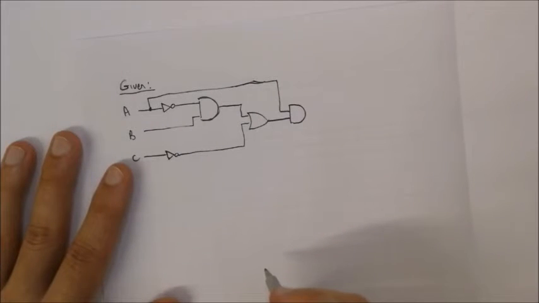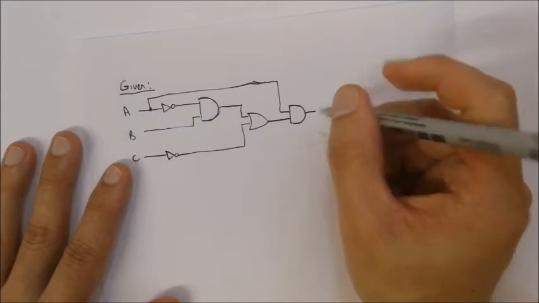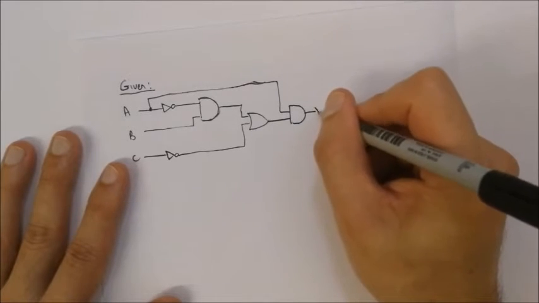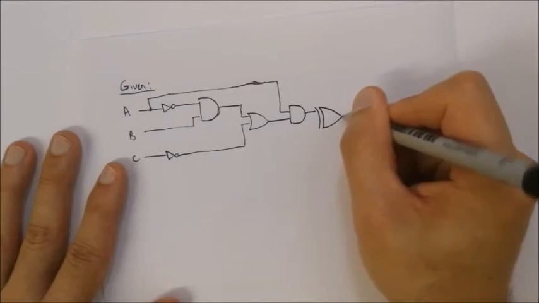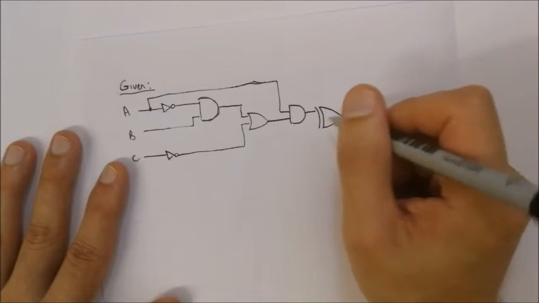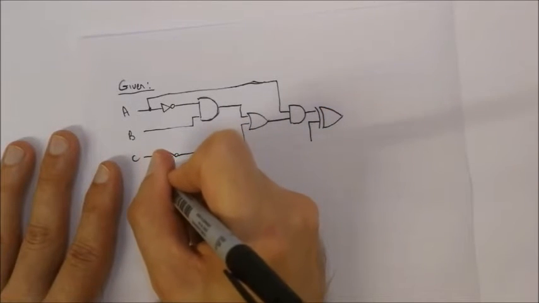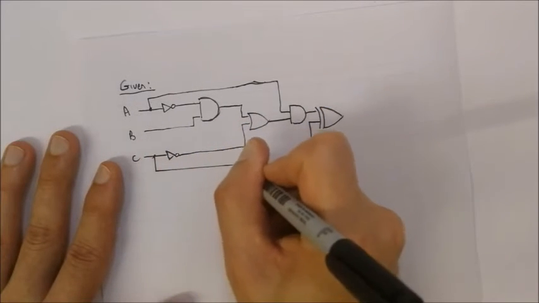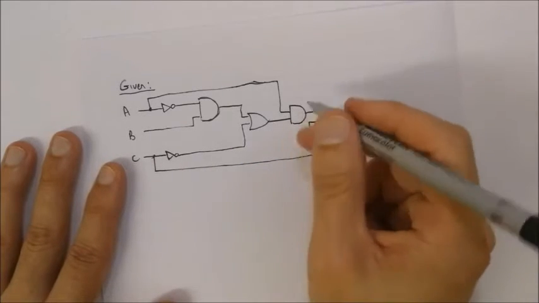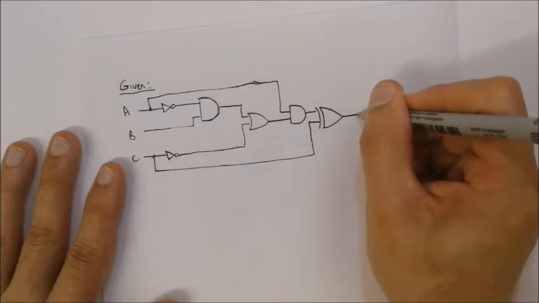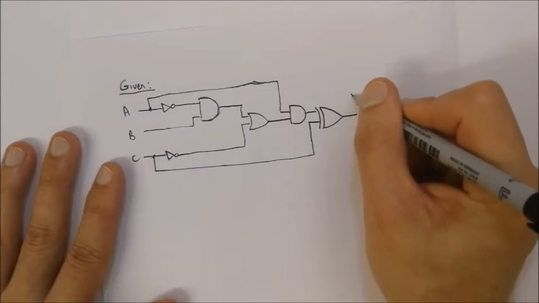And then I'm going to take this output over here, and I want that to go through an XOR gate, and that's going to be XORed with C. So we're going to tap off from C and bring it across. Then this output I'm going to put through a NOR gate.